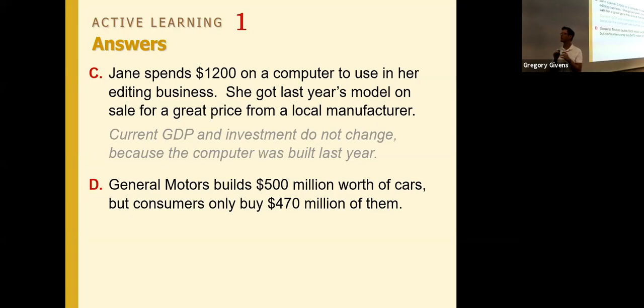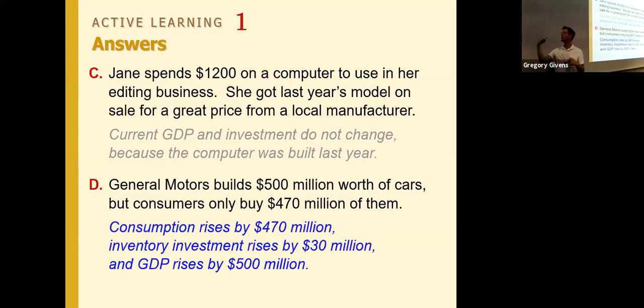Where do the numbers go in the various components of GDP? Consumer durables in particular, since these are cars, okay? That's right. So inventory investment rises by 30 million and consumer durables goes up by 470 million. So the total impact on GDP then is 500 million.